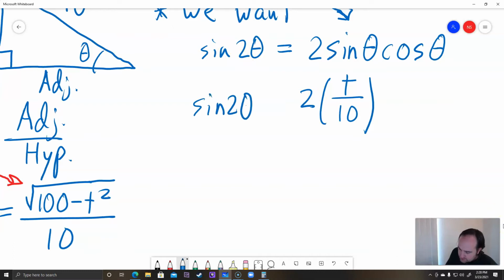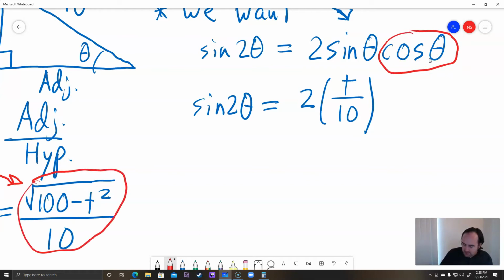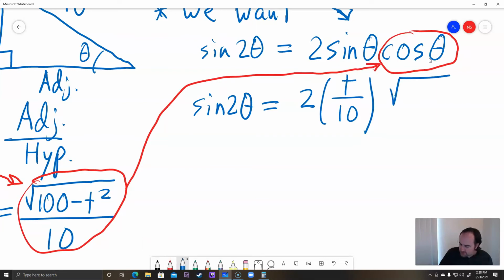Okay, so sine of 2 theta is going to equal, we said, 2 times t over 10 times cosine. So plugging in for cosine, we're going to be plugging in what we just got. So we have times the square root of 100 minus t squared all over 10.